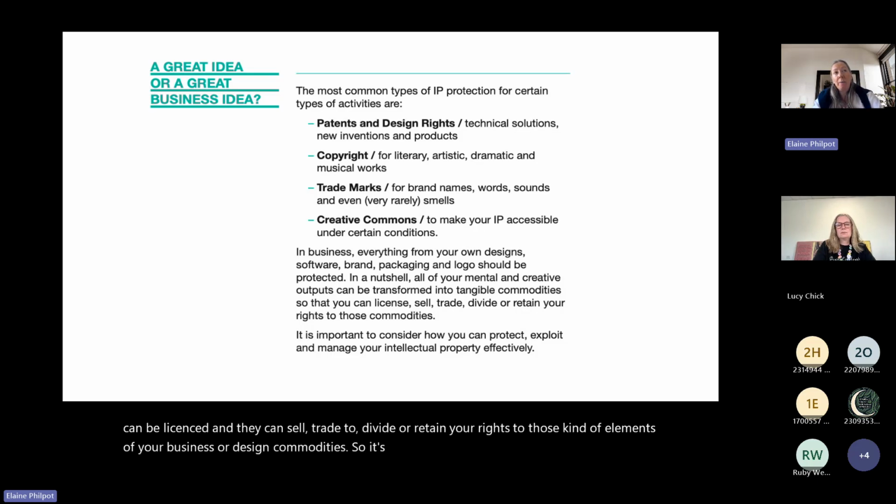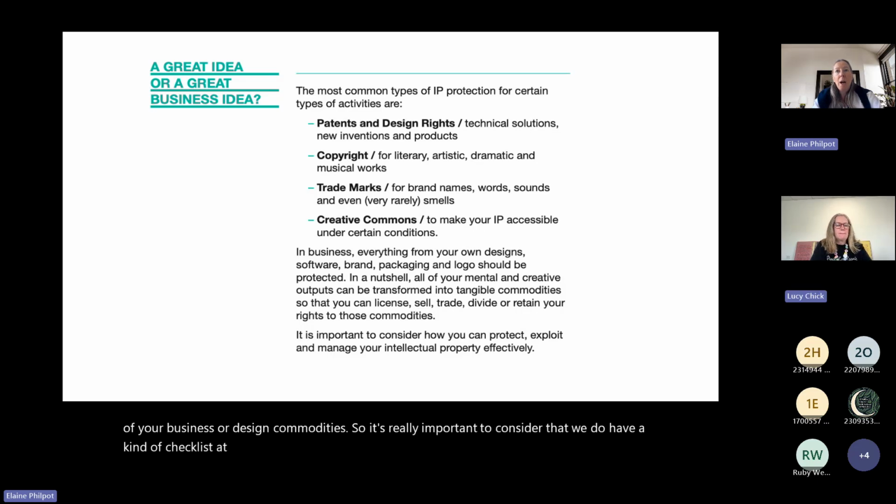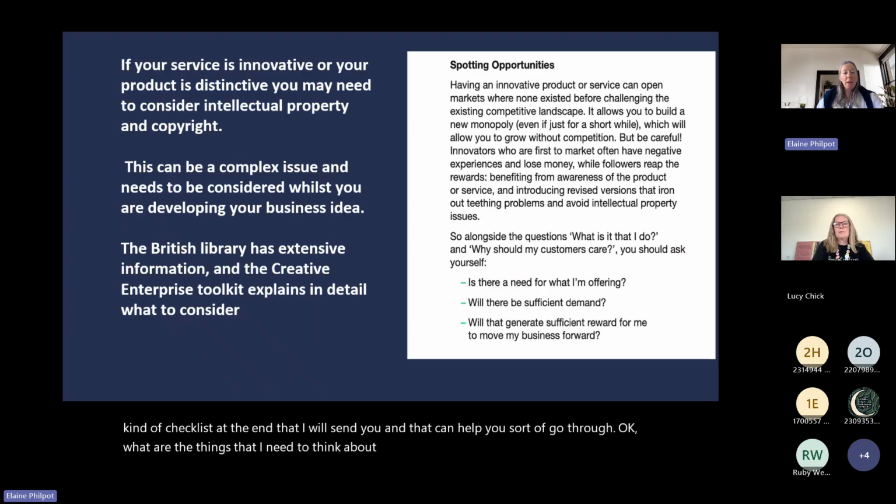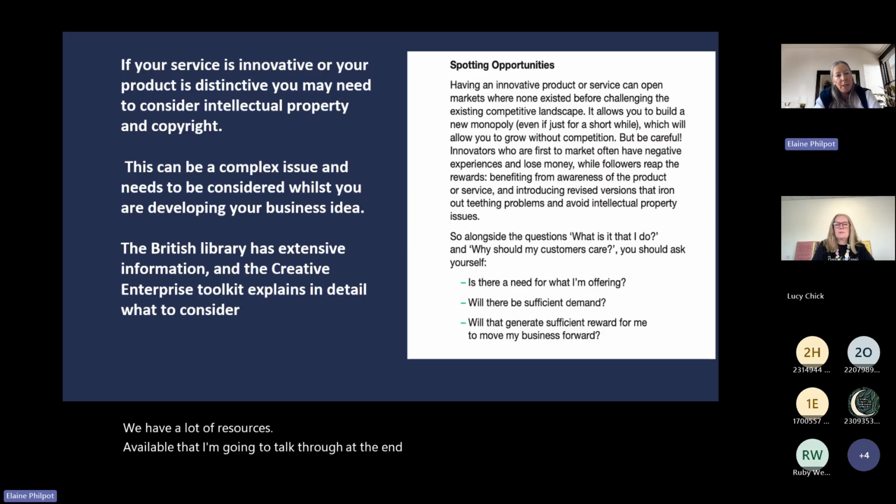We do have a checklist at the end that I will send you, and that can help you go through, okay, what are the things that I need to think about and consider for me and my business? We have a lot of resources available that I'm going to talk through at the end of this session. But it's important to think, where does that affect me?